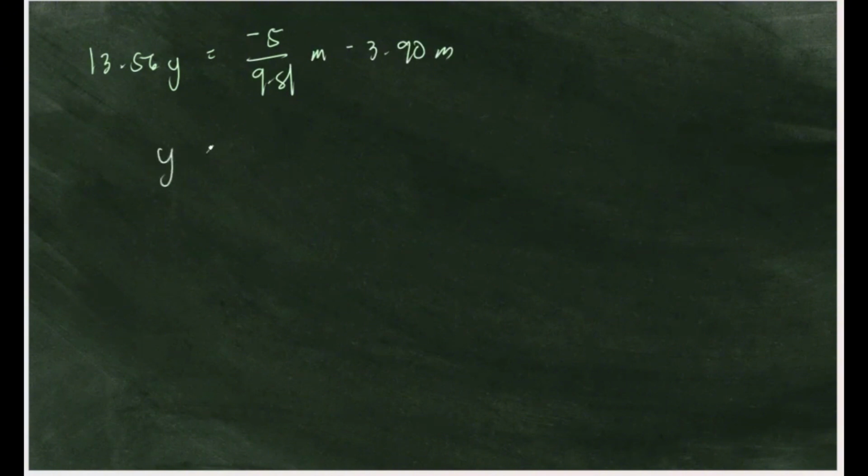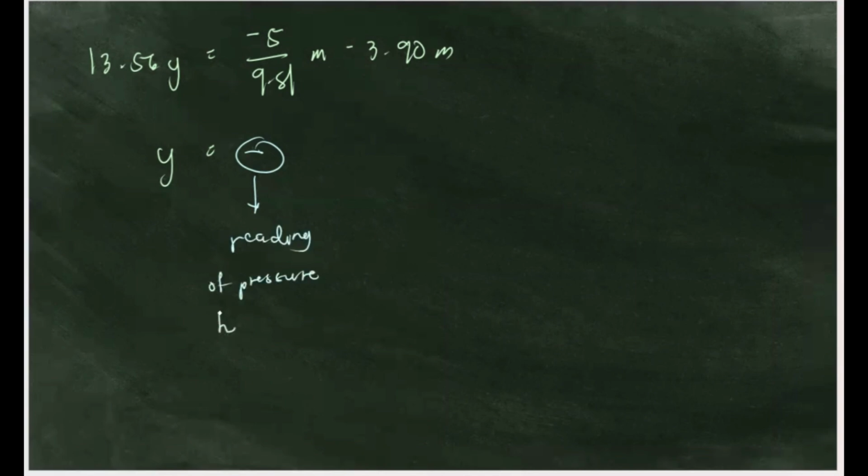So our value of y will be negative. If the value is negative, the indication is that the orientation of our reading is upward. The reading of pressure head, our H for Y, is upward, so it gives us a negative value.